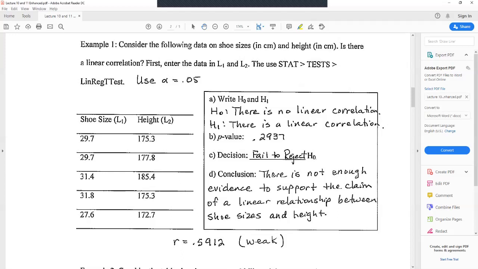So pause the video and go ahead and enter the information in L1 and L2. It's very important when doing linear regression that we make sure that we keep the corresponding shoe sizes and heights together. We do not want to interchange these. So keep those respective of one another.